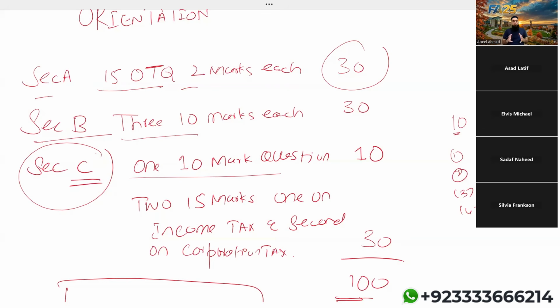The examination team has categorically mentioned that this 10 marks question could appear again from any area of the syllabus. But most of the time, this 10 marks question in taxation will be on tax planning.